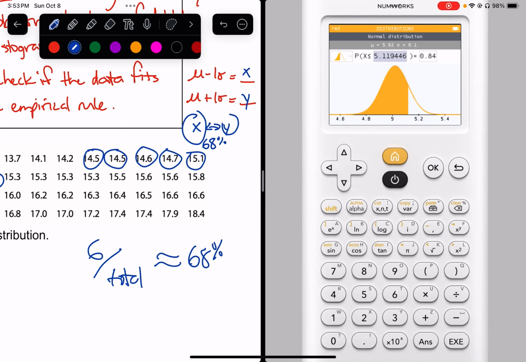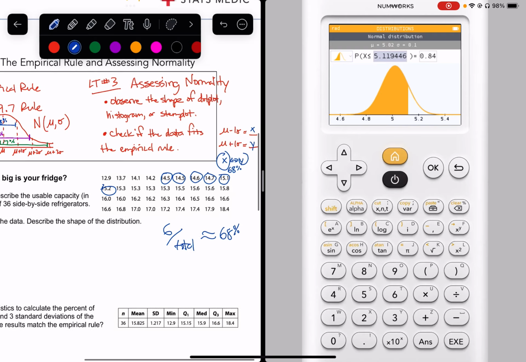But if they're all really far off, if my one standard deviation is 85%, that's probably pretty high. And if my middle two standard deviations is then 100%, then it's not normal, because it's way off on both of those and it's not going to be close. So that's the idea when it's checking for the empirical rule.